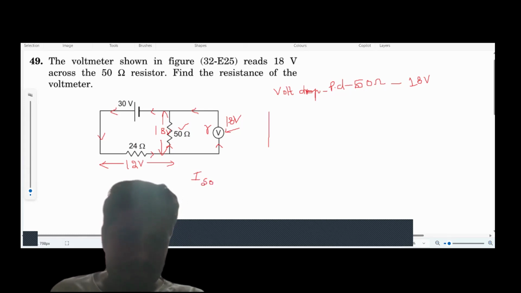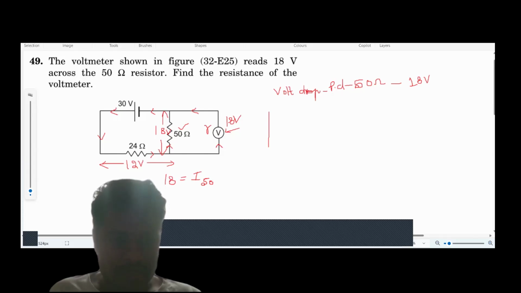I into R gives the same voltage, no? So 18 volt is equal to I50, the current flowing through the 50 ohm resistor, into 50. That's also equal to the current flowing through the voltmeter, IV, into its resistance R.